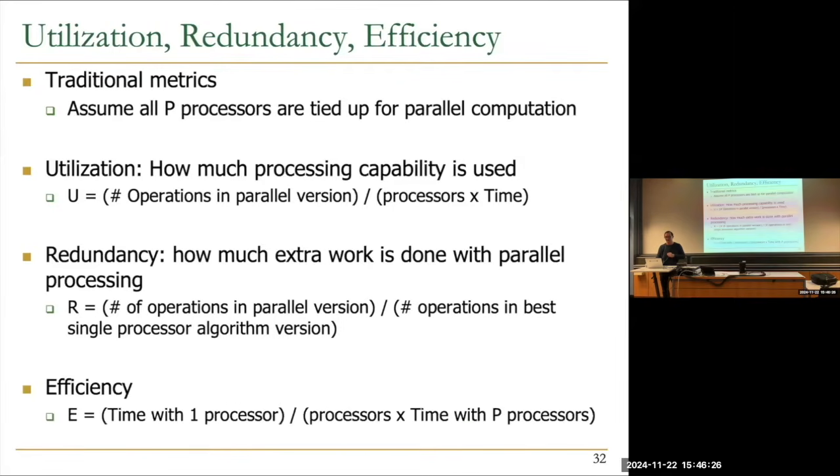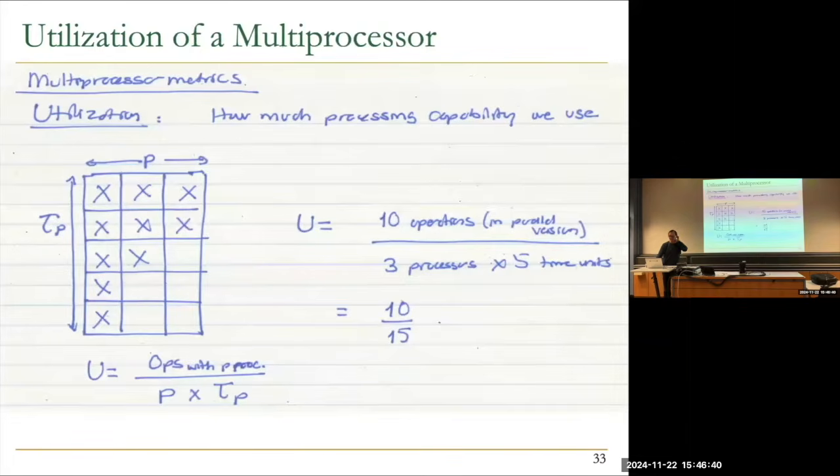And then efficiency is basically time with one processor divided by how many processors you're tying up for how long. Efficiency is also utilization divided by redundancy. I will not go through this in detail, but it's good to think about this pictorially especially. So utilization, in this particular example that we've seen, we had 10 operations in the parallel version, and we took 5 time units.